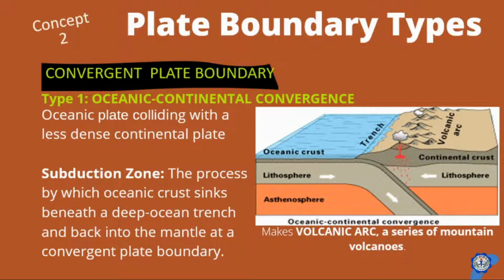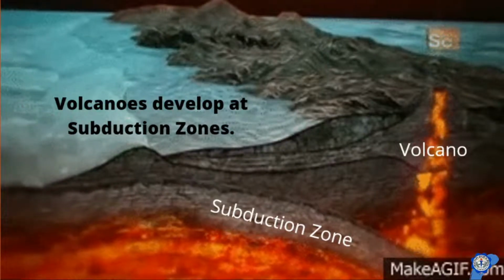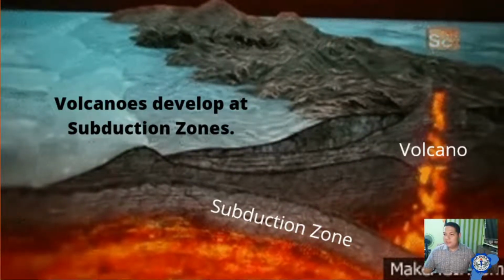So for you to be able to understand well how subduction zones produce volcanoes, here is a clear illustration. As what you can see, when two plates converge, it then produces one plate to subduct or go down because of its density.